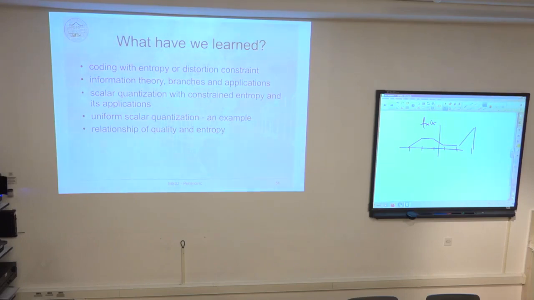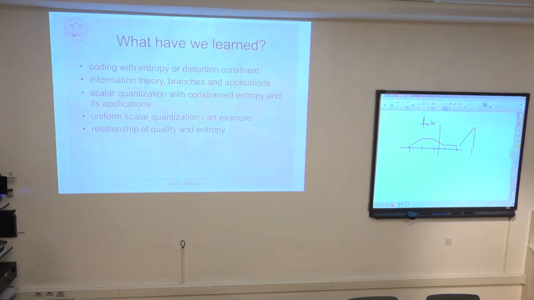That is one way how we can design the coding system with entropy constraint. Or the other way is to design the quantization system based on the distortion constraint. Because we say, okay, distortion must be less than this. In this case, we have to determine the step size based on the required distortion, and for the rate, whatever we get, we get. You have to have this capacity, otherwise you cannot transmit the signal.